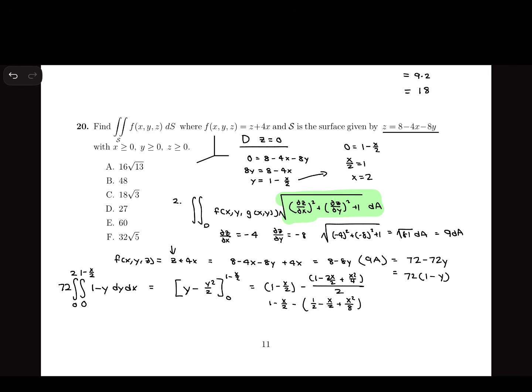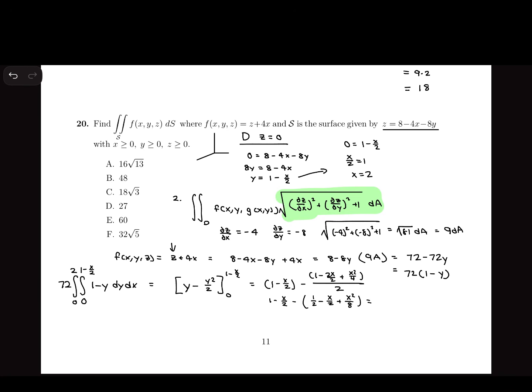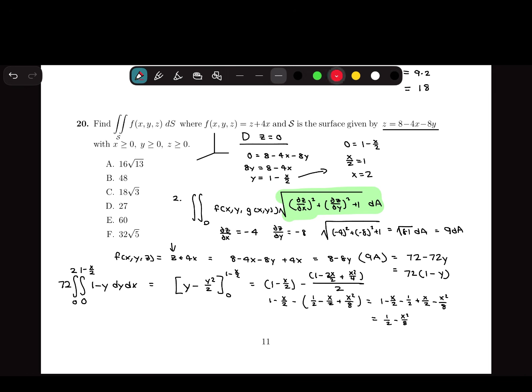Now you might be wondering why the 2's go under. That's because when you divide by 2, it's the same as multiplying by 1 over 2. So when we bring this out, you get 1 minus x over 2 minus 1/2 plus x over 2 minus x squared over 8, which ends up with 1/2 minus x squared over 8. And these two cancel out.